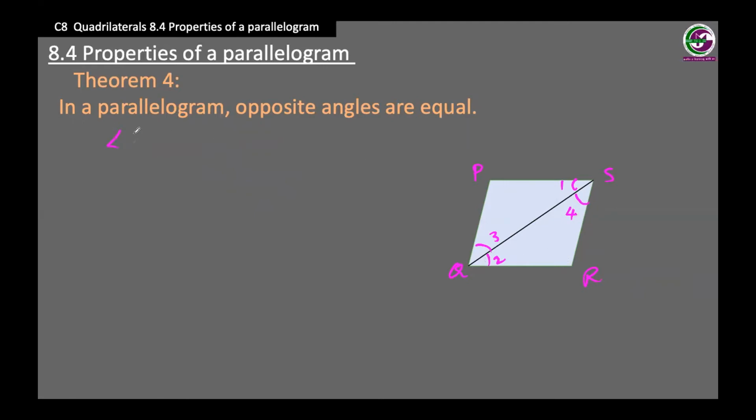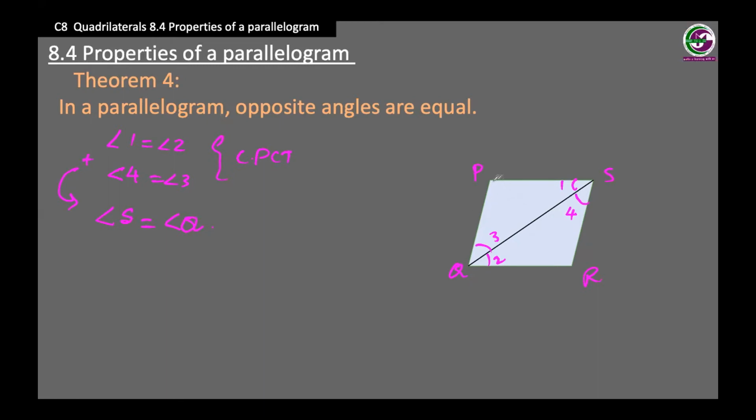Now we can say angle 1 is equal to angle 2 and angle 4 is equal to angle 3, corresponding parts of congruent triangles, because in a parallelogram, it cuts into congruent triangles. Now when you add these two, we get 1 plus 4 is equal to 2 plus 3. 1 plus 4 means angle S. Angle S is equal to angle Q.